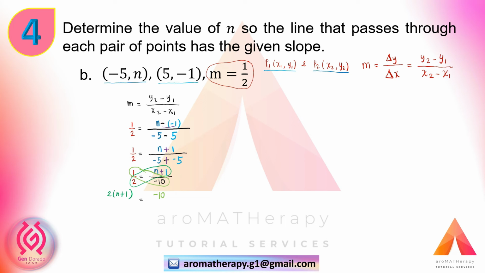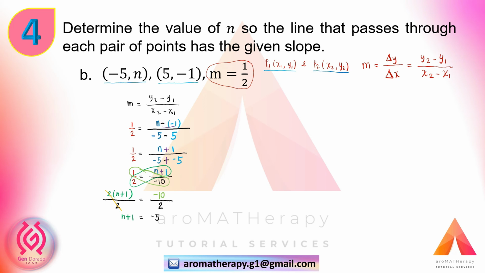Here, to make life easier, let's just divide both sides of the equation by 2. So, 2 cancels. And we're left with n plus 1 is equal to, what is negative 10 divided by 2?